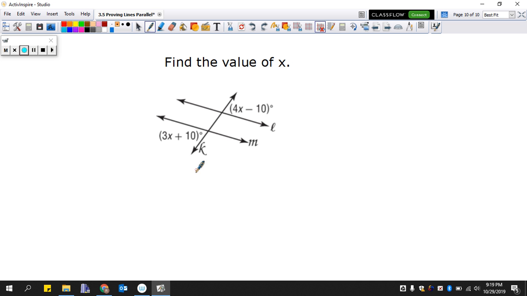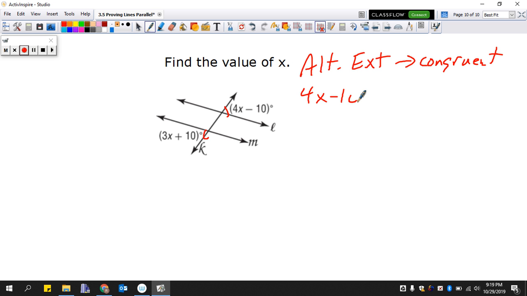We can see these angles are alternate exterior angles, which are congruent. So we're going to say 4x minus 10 is equal to 3x plus 10.